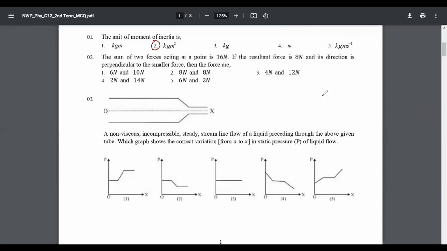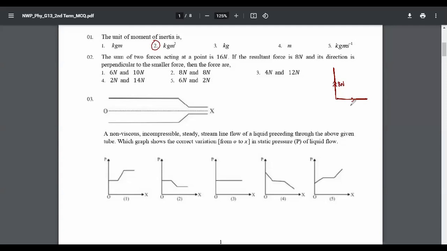Right. So there is one force like this, one smaller force, and this is one of the forces, and the resultant is 8 Newton, and they are asking for the other of the two forces.